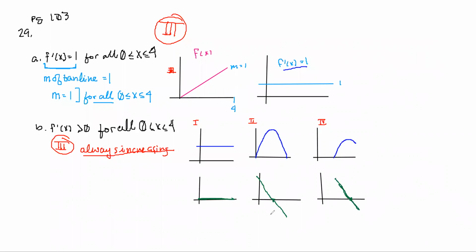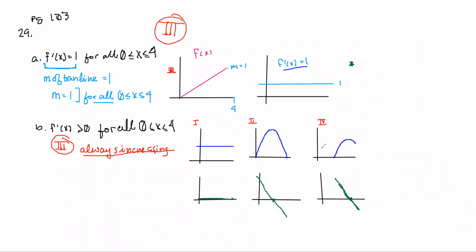Okay, so we could ask which one of these graphs, I have number 3's up here, and then I have 1, 2, and 4's right here. Which one of these graphs is always greater than 0? Well, we can see that number 1, the derivative graph, is 0 for the entire period of time. For number 2, it's not always greater than 0. For number 4, it's not always greater than 0.